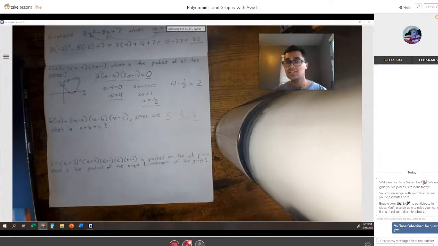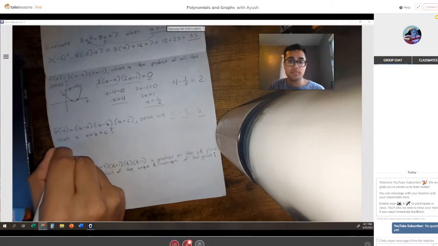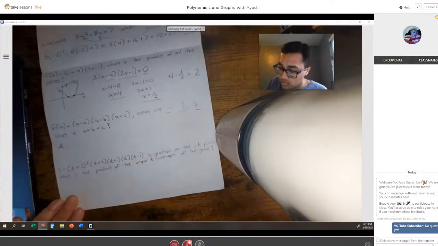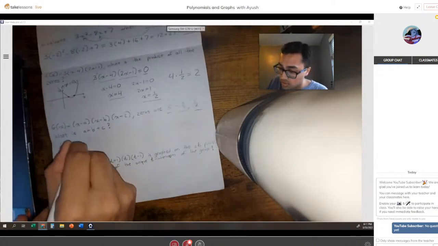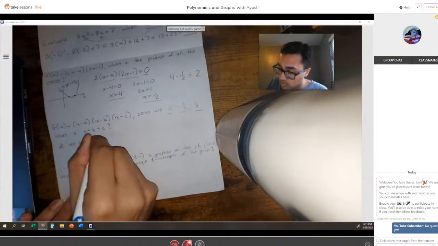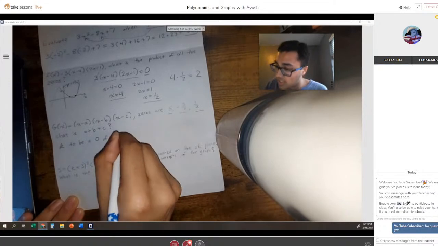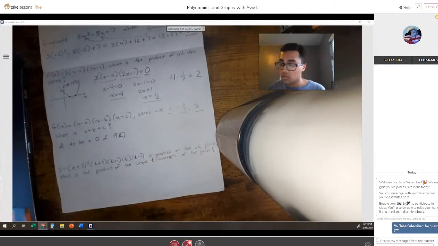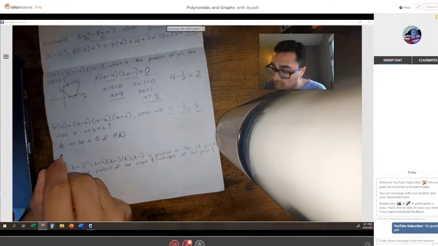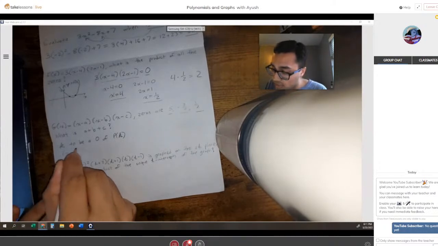Okay, well, if we look back at our previous question, all we have to do is realize that for the value k to be a zero of any polynomial p of k, we would have the term x minus k.